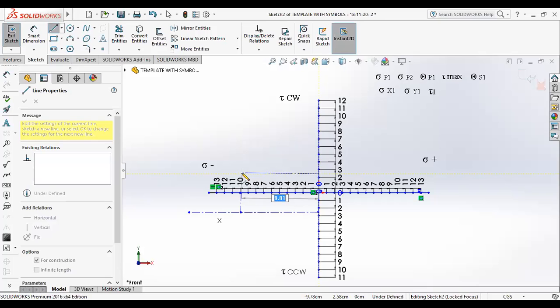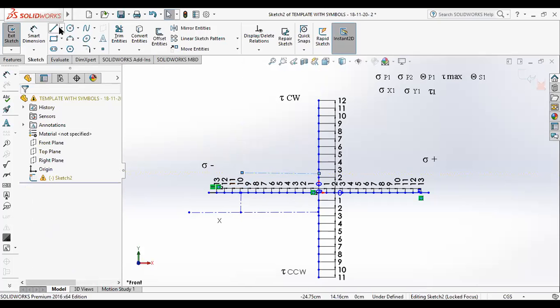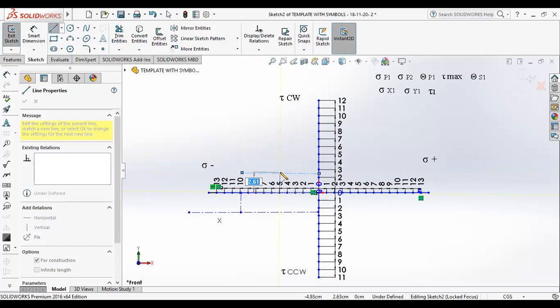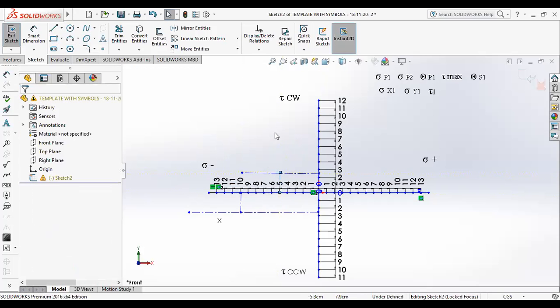This is clockwise 25, and then minus 50 straight, from this point to this point. I'll call this point y.